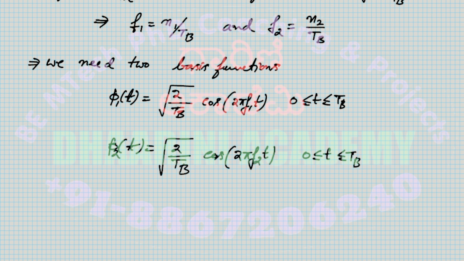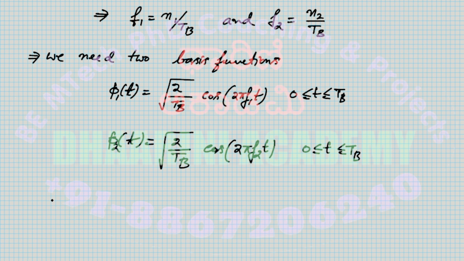Okay, now if you want to represent S1 of t, you should use phi 1, correct? If you want to represent S2, you should use phi 2, right? This implies, now let's try to write that. So if you want to represent S1 of t, you have to multiply with the amplitude, root EB, into phi 1 of t. Are you okay? When you multiply by root EB, you get this.